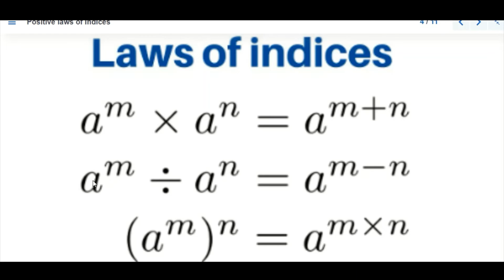Now when you have a raised to power m divided by a raised to power n, then the division sign changes. The base number is common, so we pick one of it, then we have m minus n. Then when you have a raised to power m in brackets raised to n, we have to multiply the powers, because both of them are powers, so we multiply the powers together and that gives us a raised to power m times n.